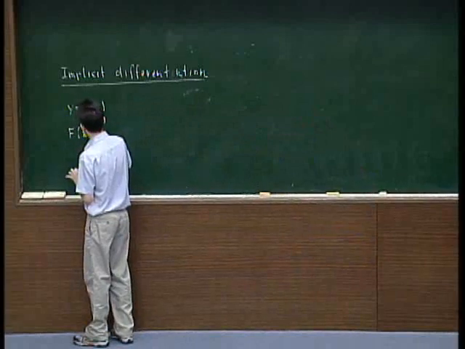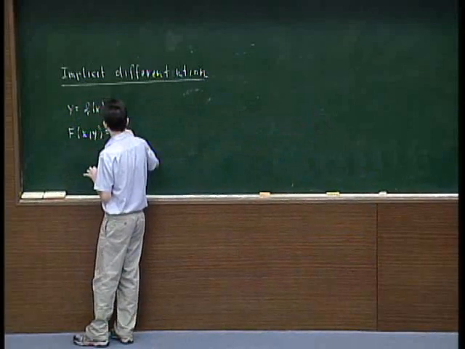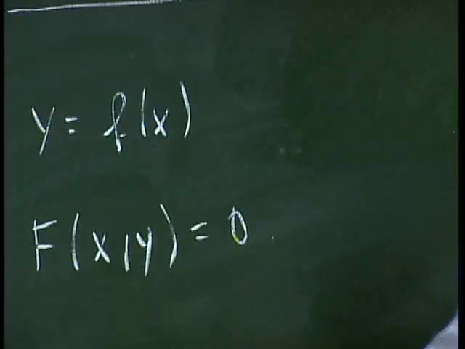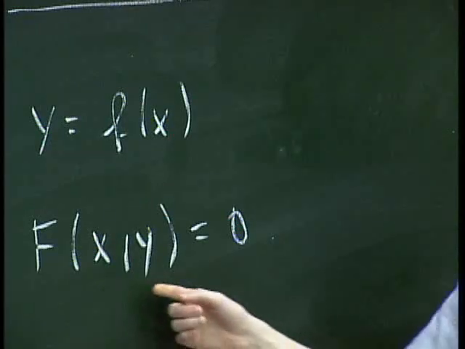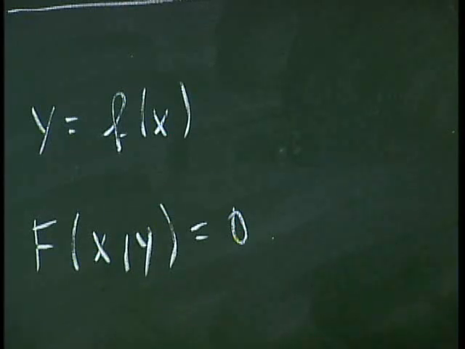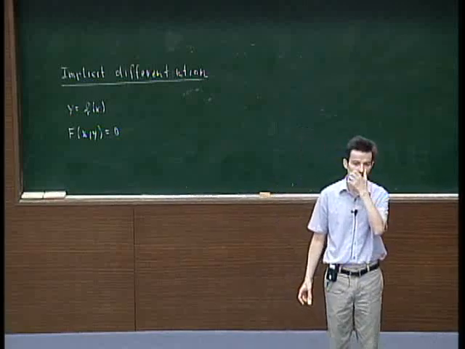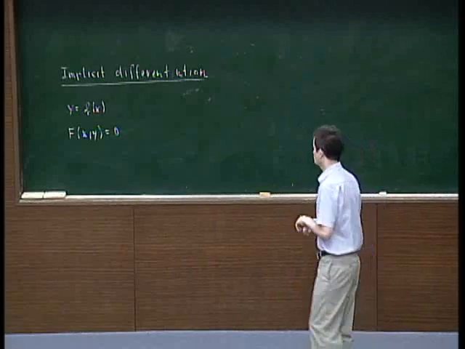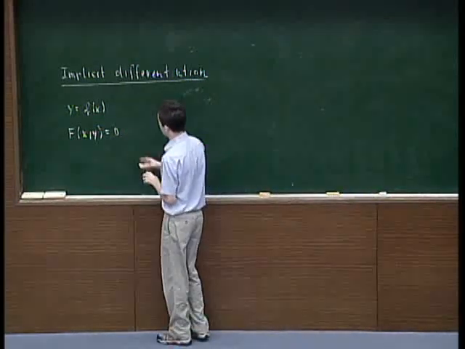This means that you just have some function in two variables depending on x and y equal to 0, and very often you are not able to solve for y, or you are able to solve for y, but the resulting expression is quite complicated compared to the implicit definition. So this is what I explained.